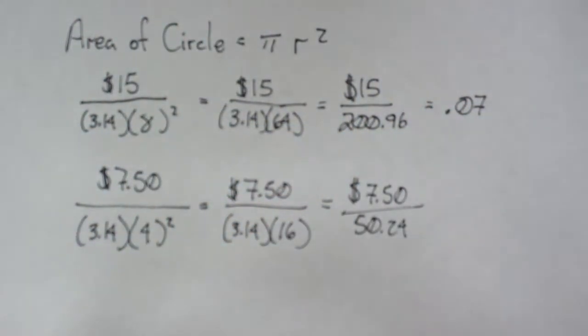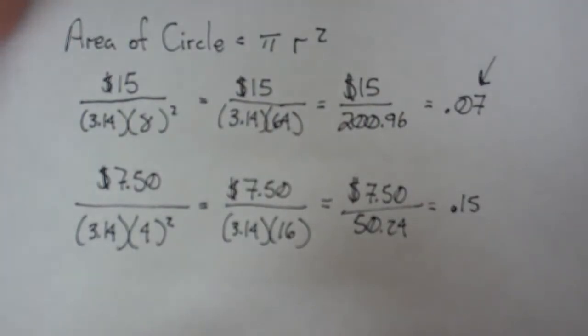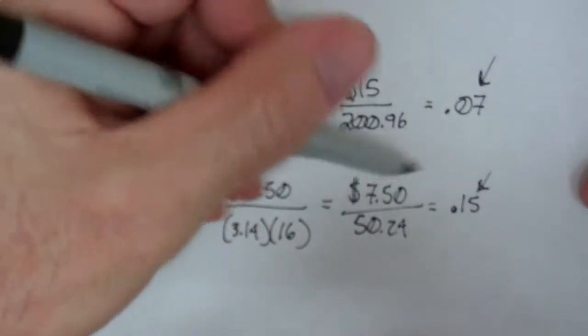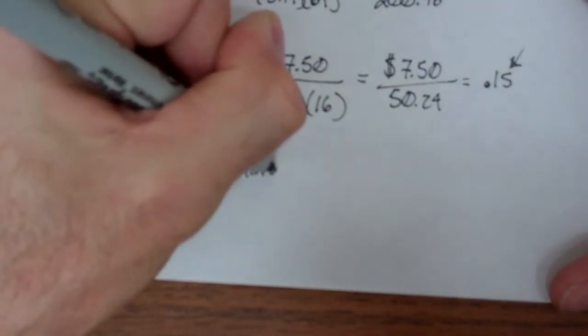And when I take the 7.50 and divide it by the 50.24, I end up with about 15 cents. And so this one is the better buy because per square inch it's only 7 cents, and this one per square inch is 15 cents. It's almost twice as expensive. Not by pizza, but by size. So the larger is the better buy.